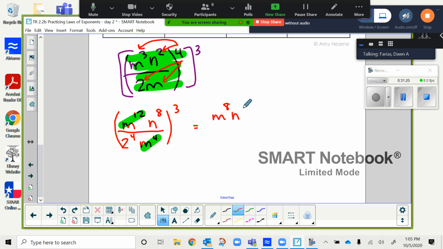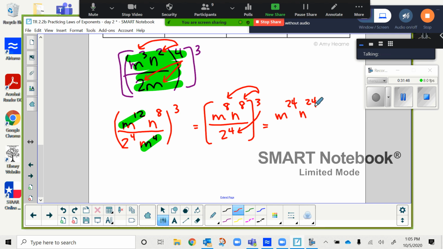That was our lesson from Friday. And now you can distribute that 3 to everything inside. So m to the 24, n to the 24, over 2 to the 12.